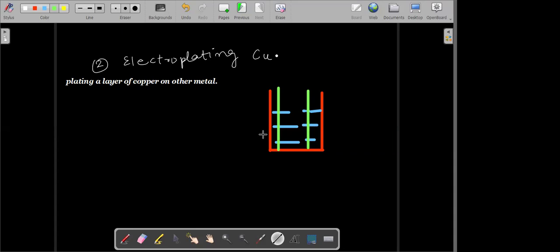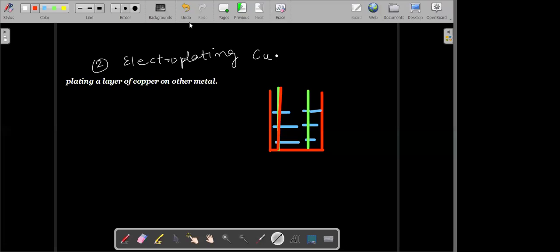Now I need to make one of the electrodes positive and the other one negative. The substance which I want to plate, suppose here I want to put a coating of copper. The coating of copper can be obtained by taking this electrode to be made up of copper.